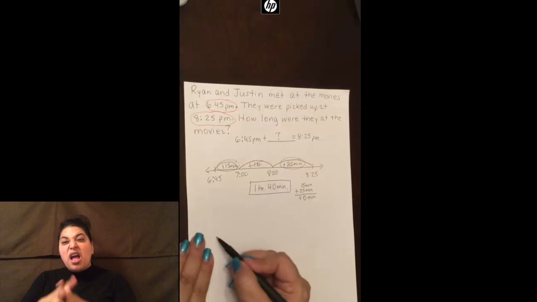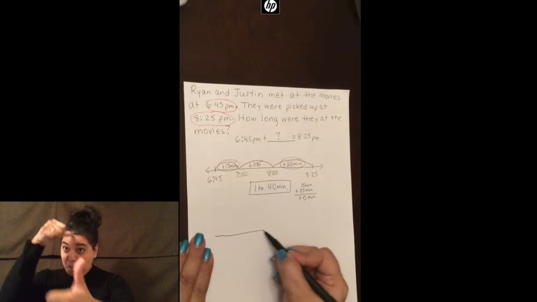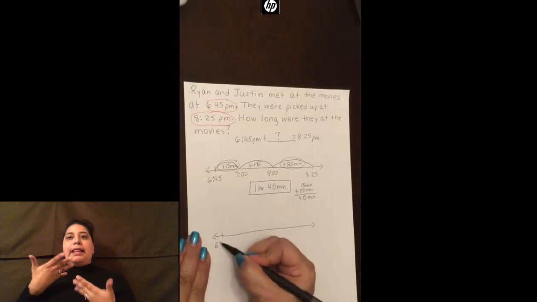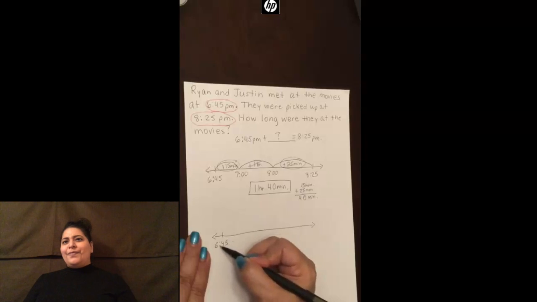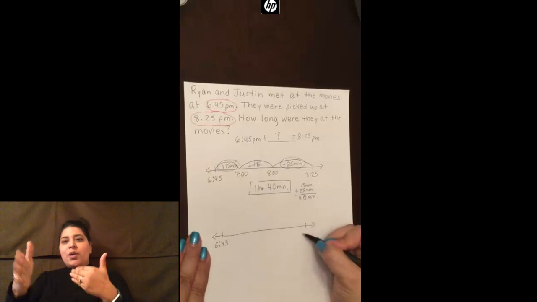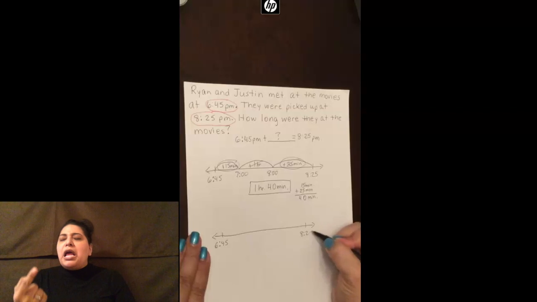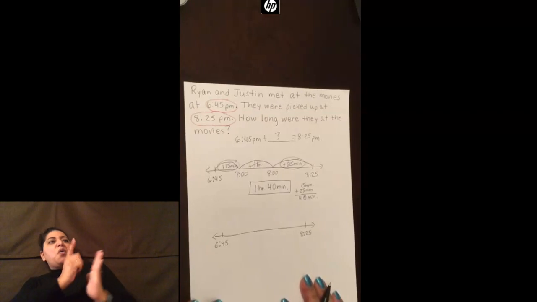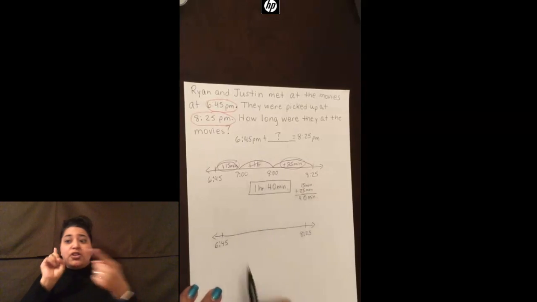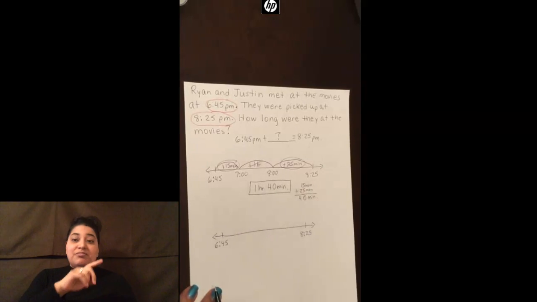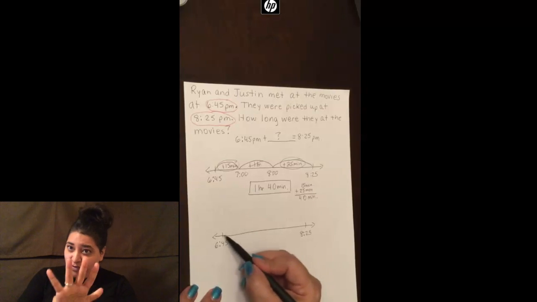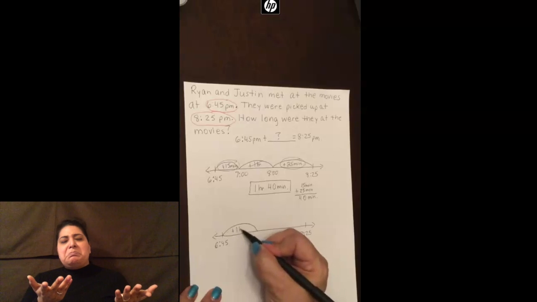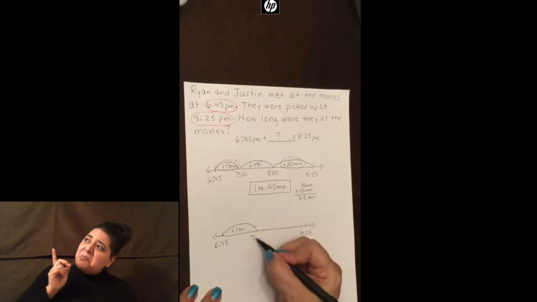Now, just like before, let's see if we try this another way. And remember, boys and girls, the two ways that I'm showing you are not the only two ways that you have to work out this problem. Remember, you need to do what makes the most sense for you. So maybe someone would work this problem and they like to start off with the hours. And they're going to go from 6:45. They'll add a whole hour, which will put them at 7:45.